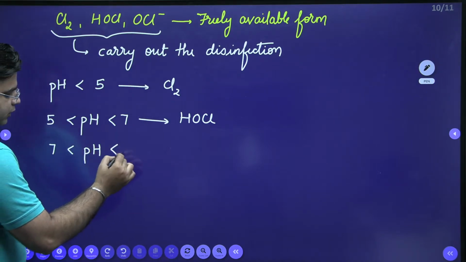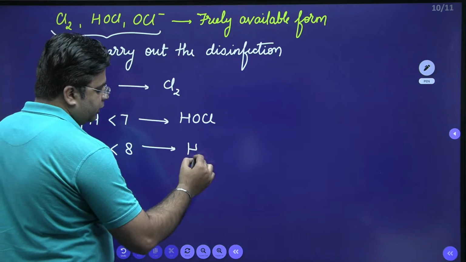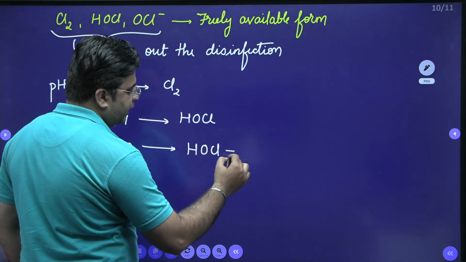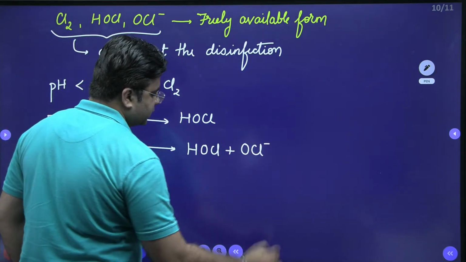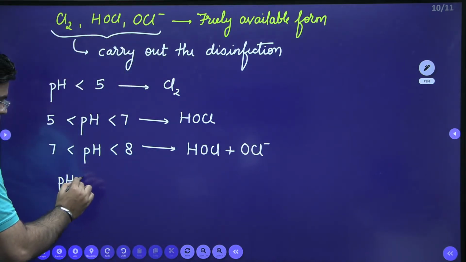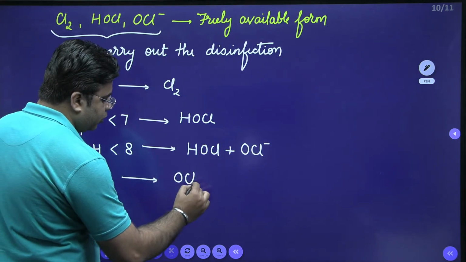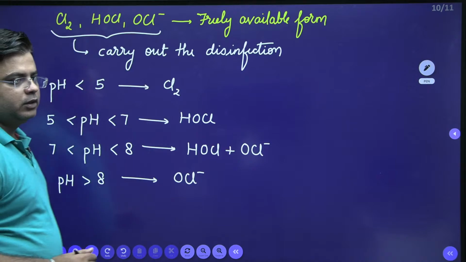If pH of the water sample is between 7 to 8, you will have both hypochlorous acid and hypochlorite ion, OCl minus. And if pH of the water sample is more than 8, your water sample contains more of hypochlorite ion, right?